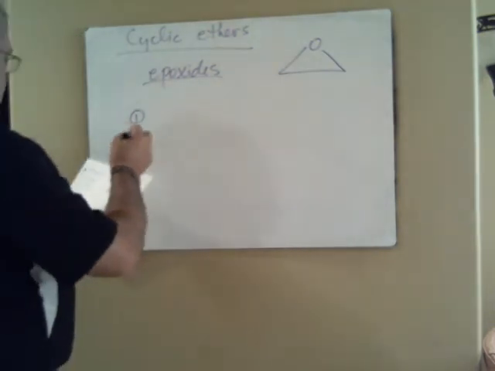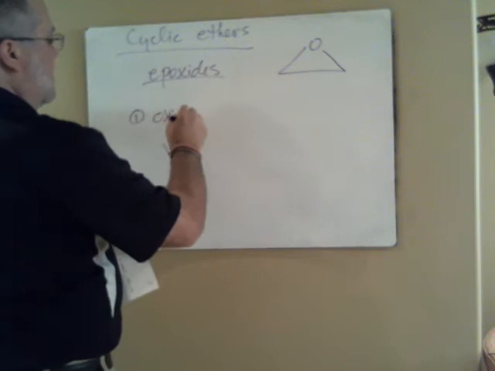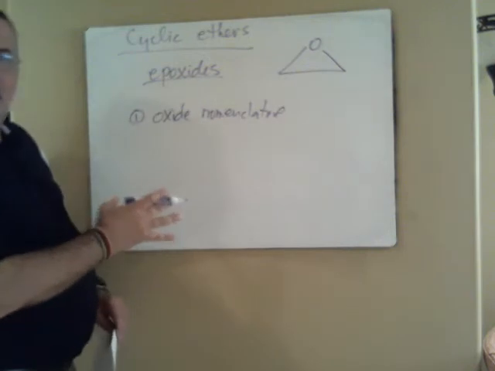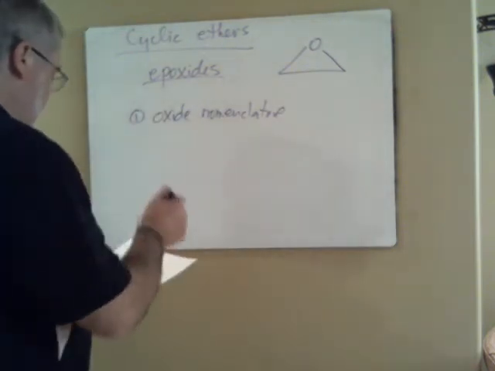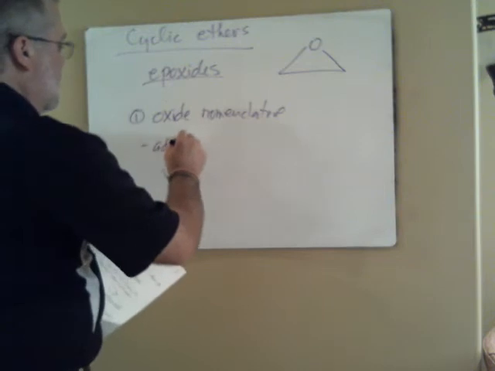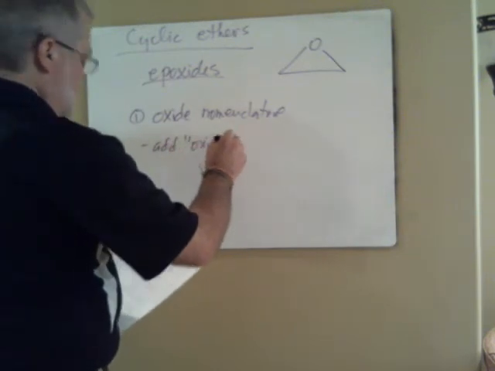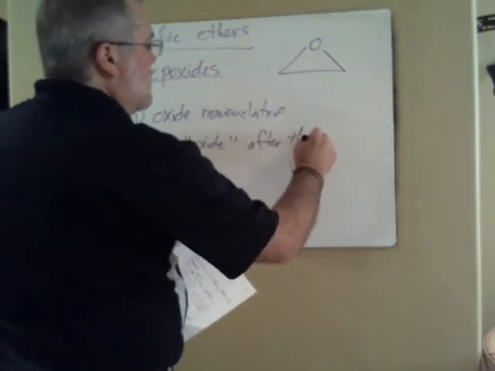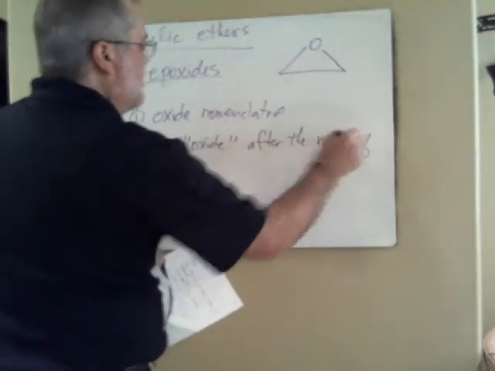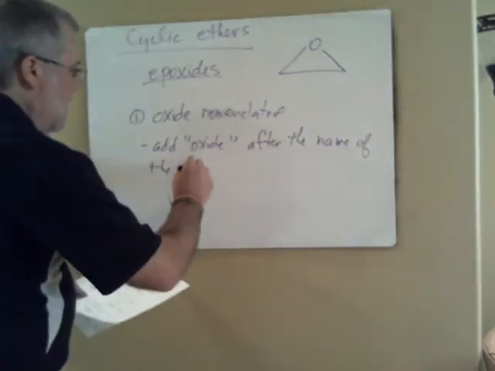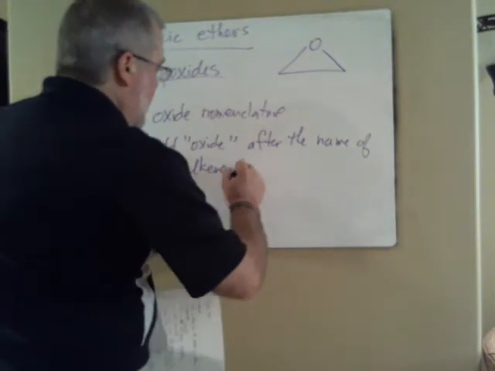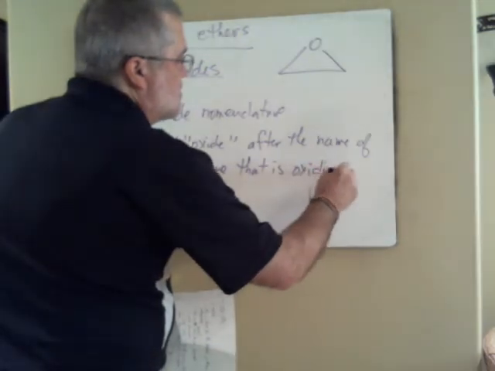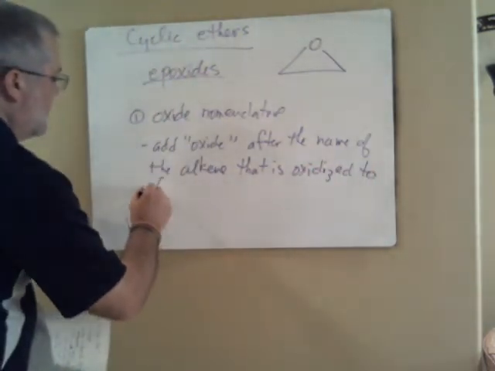The first is using what we call oxide nomenclature. And in oxide nomenclature, what we're basically looking at is adding the word oxide as a separate word after the name of the alkene that is oxidized to form it.